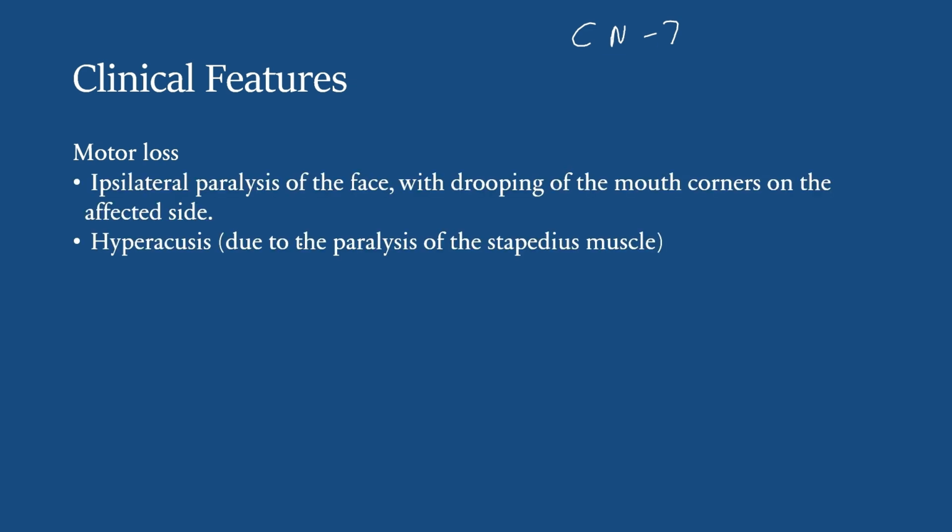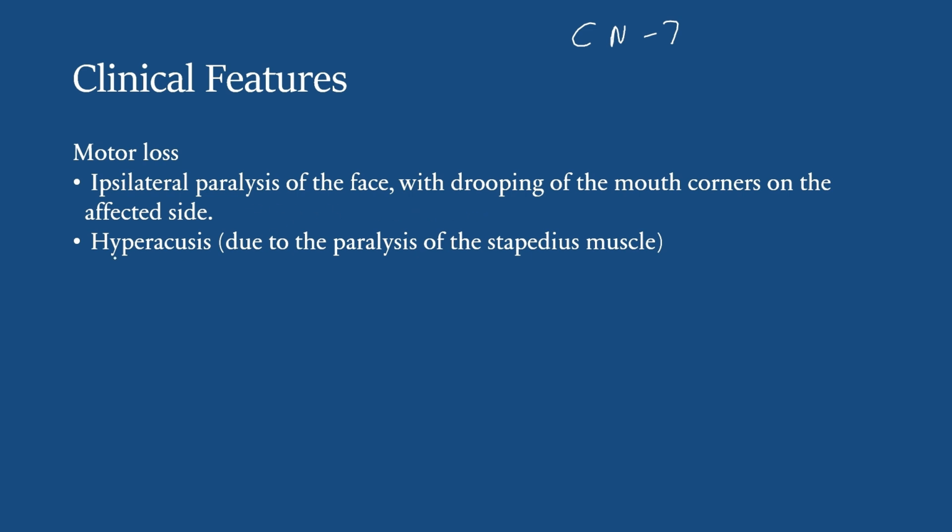The clinical features in Bell's palsy begin with motor loss. We talked about the motor function, which supplies the muscles of facial expression. So here you're going to see ipsilateral paralysis of the face with drooping of the mouth corners on the affected side, because the muscles of facial expression are paralyzed.